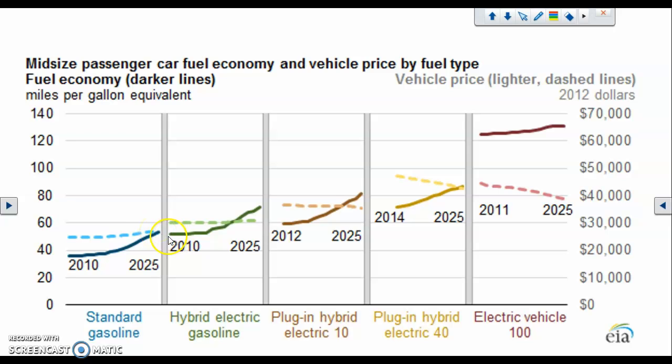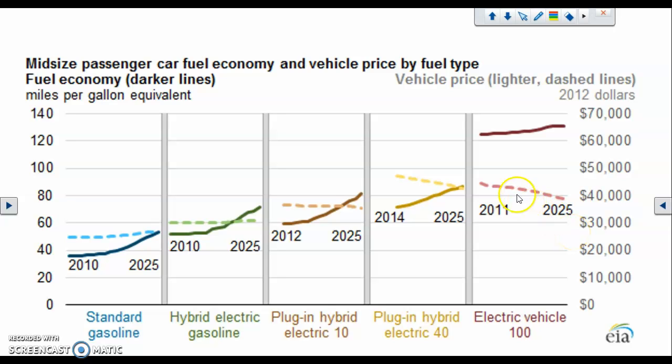All right, hybrid electric, we can see that it started around 50 and now we're forecasting it to be around 70 miles per gallon in 2025, and so on and so forth. So again, solid lines on this side. The cost of the standard gasoline engine, however, has remained constant. The average cost of the standard gasoline mid-sized passenger car is going to be close to $30,000.